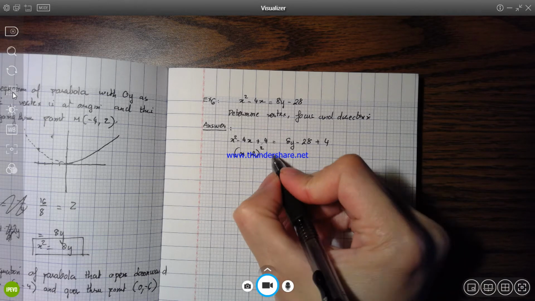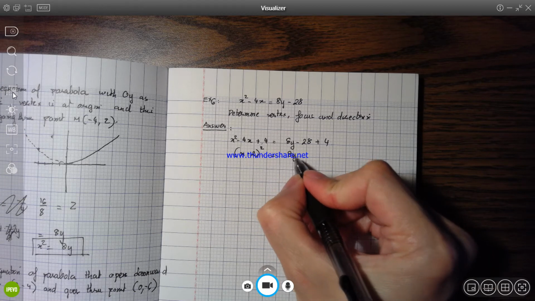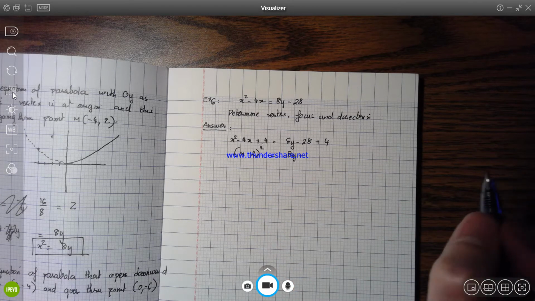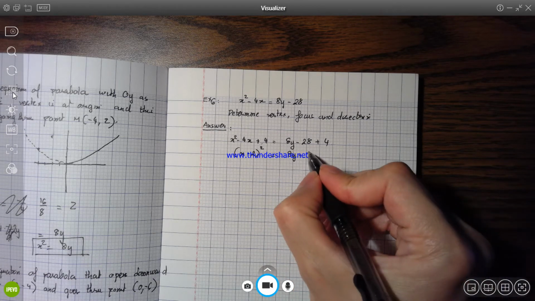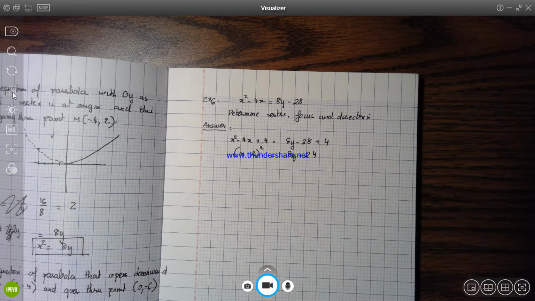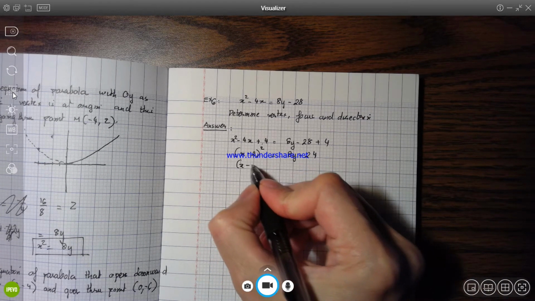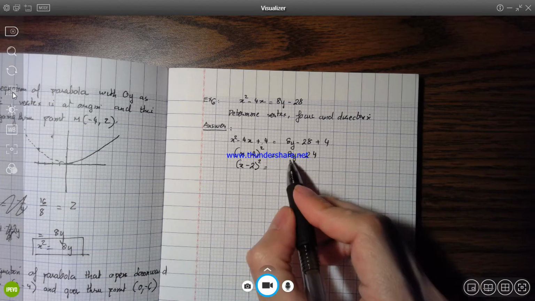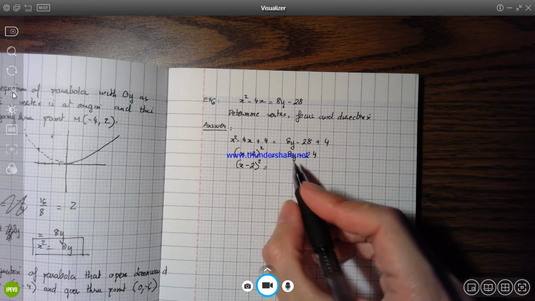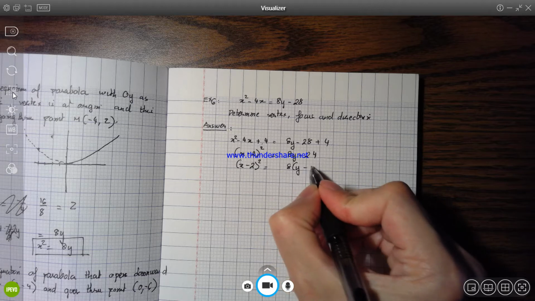On the right hand side I will have 8y minus 24. And I'm going to factor the 8 out, so I will have 8 times (y minus 3).